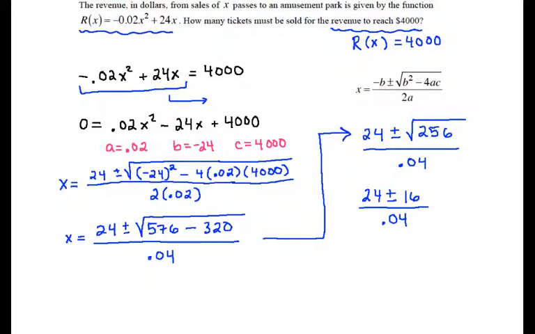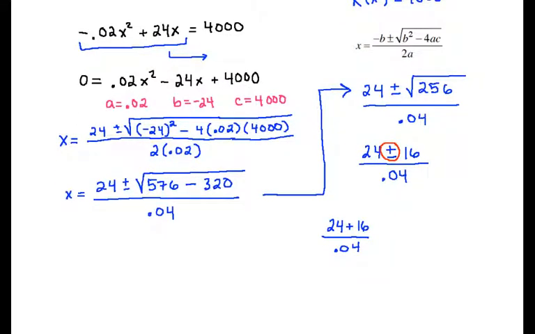To finish evaluating this, I really have to focus on the plus or minus at this point. I need to rewrite this expression once using a plus and once using a minus to find out what these two values are. So 24 plus 16 over 0.04 and 24 minus 16 over 0.04. I have to evaluate both of those.